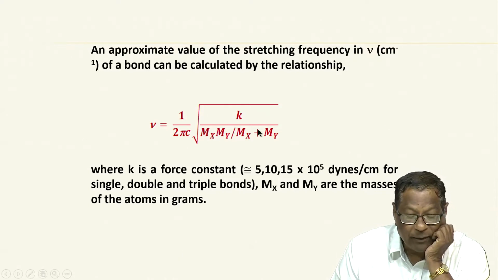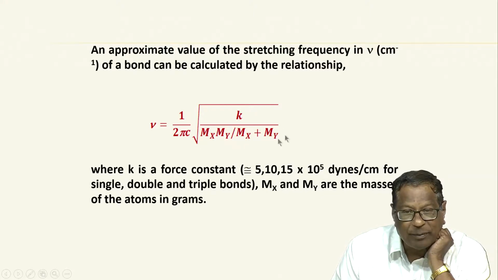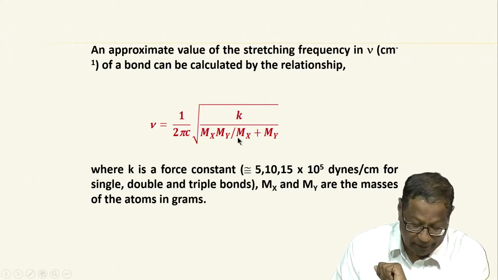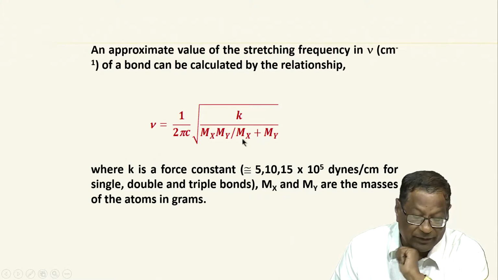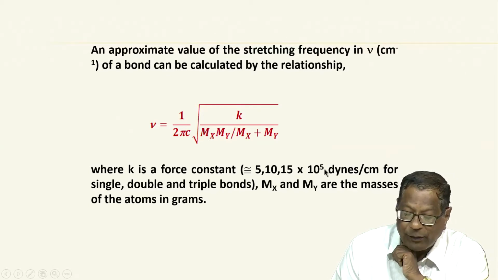This quantity, mx my over mx plus my, you should remember as far as infrared spectroscopy is concerned. Here k is a force constant, approximately 5, 10, 15 into 10 raised to 5 dynes per centimeter.